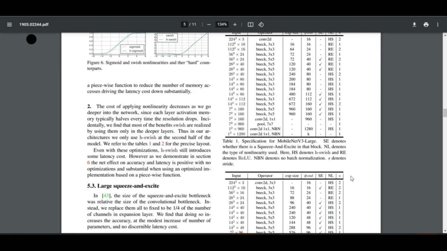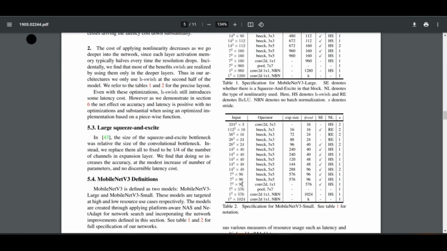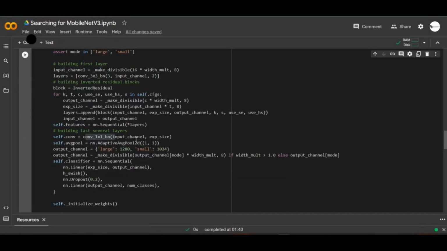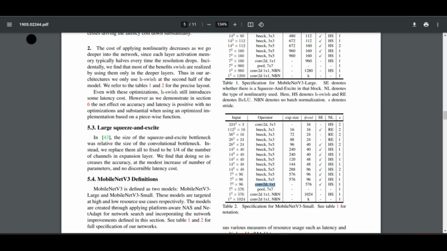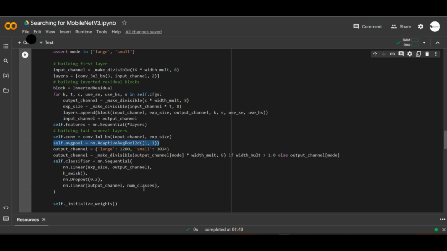Yes, that makes sense, because if we go to the paper, we have this 1x1 pointwise convolution. Then we apply the average pooling, which makes sense because we have this pool of 7x7. Then we have the output, and the final thing is the classifier, whereby we have a linear, hard swish, dropout, and also a linear layer.